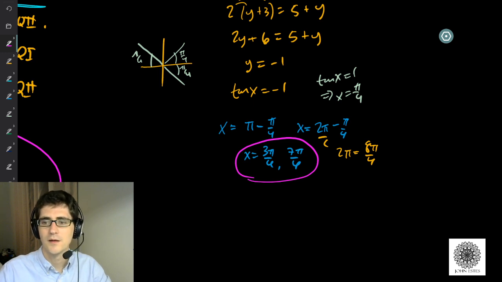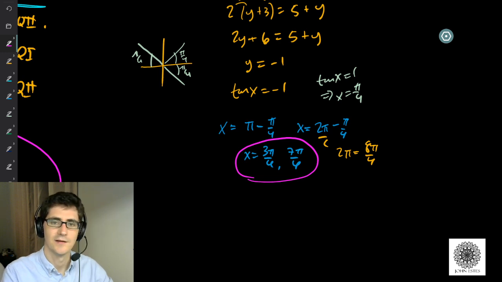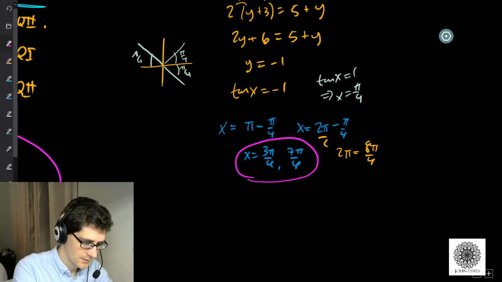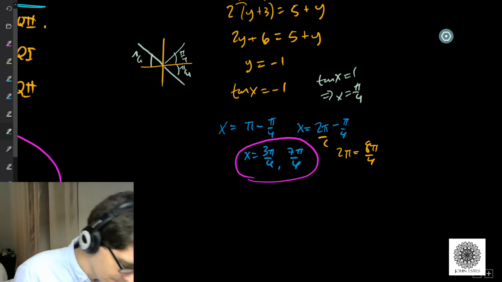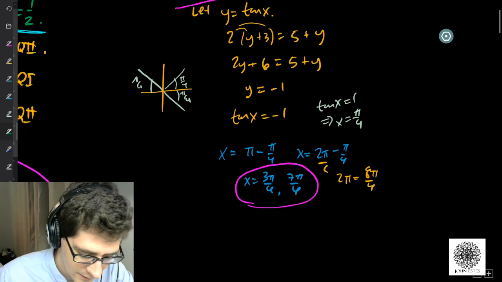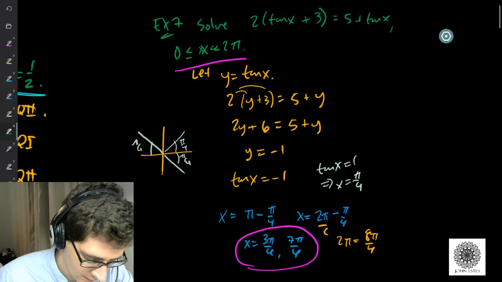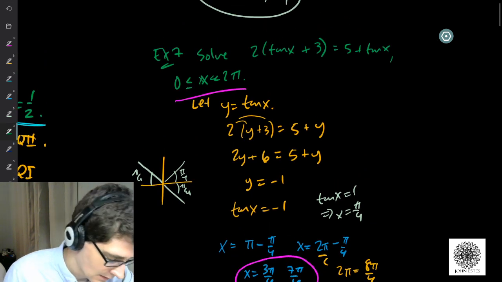Good. I want to look at a couple more questions. One, we're going to use the calculator, all right? And then the second one, we're just going to, well, let's just see, okay? So this is an example, and before I move on, let me point out the value of this example here.